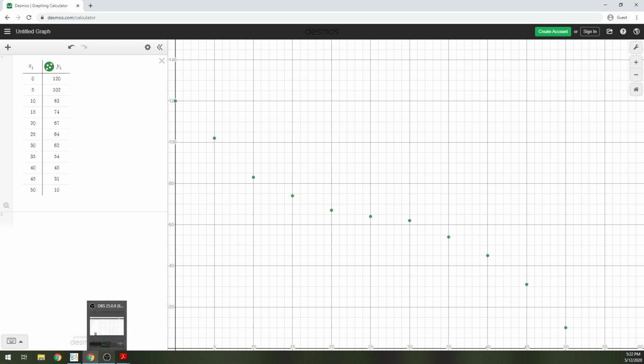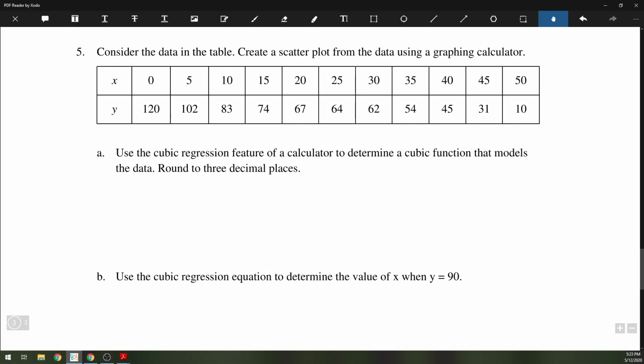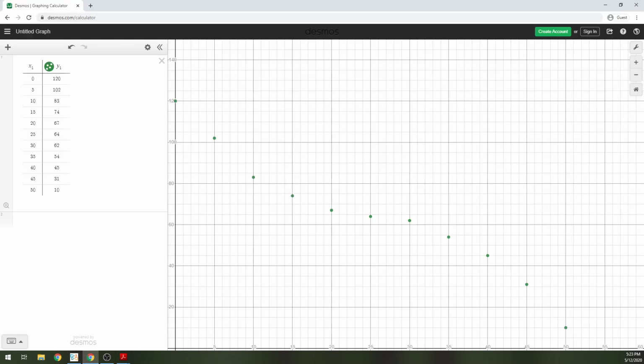If you look at the question, the first part asks to use the cubic regression feature on a calculator to determine the cubic function. All right, so on Desmos, recall that we start a new item, so item number 2.